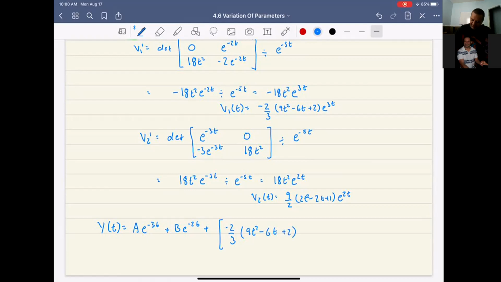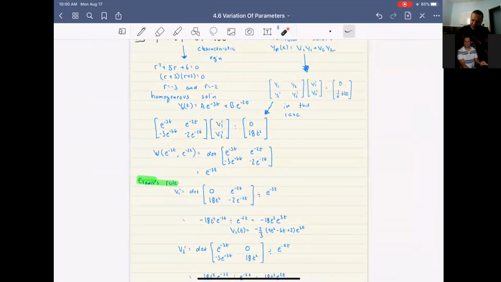Now notice the e to the 3t here and the e to the negative 3t are going to cancel, plus 9 halves times 2t squared minus 2t plus 1. The e to the 2t here and the e to the negative 2t there cancel.